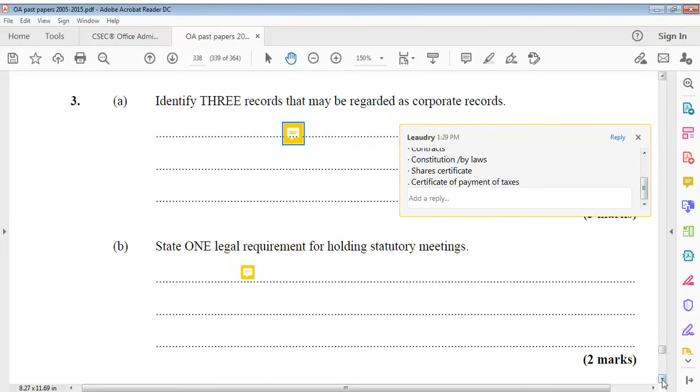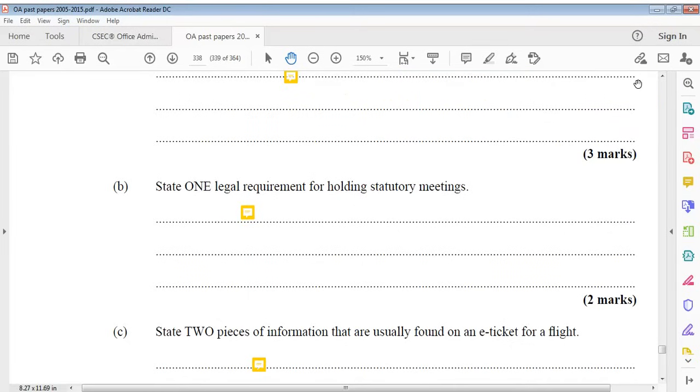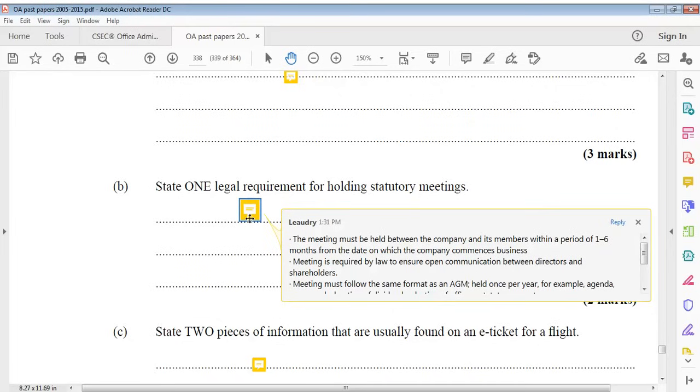So let's go on to number 3B now. State one legal requirement for holding statutory meetings. One legal requirement. Let's look at some answers. 1, the meeting must be held between the company and its members within a period of 1 to 6 months from the date on which the company commences business.